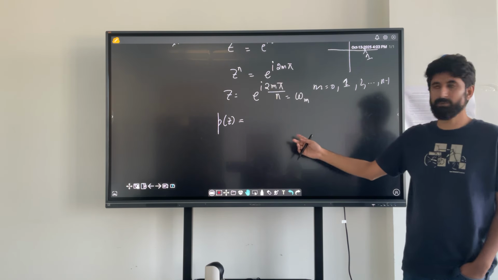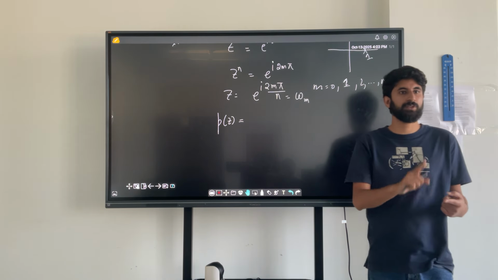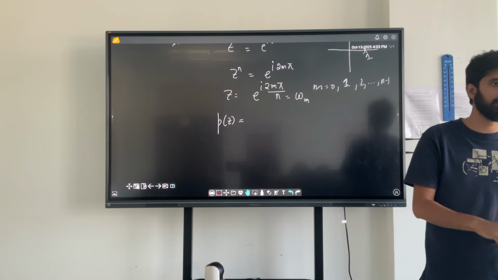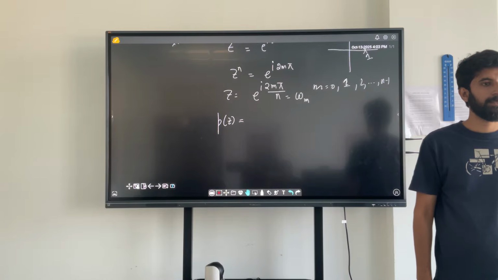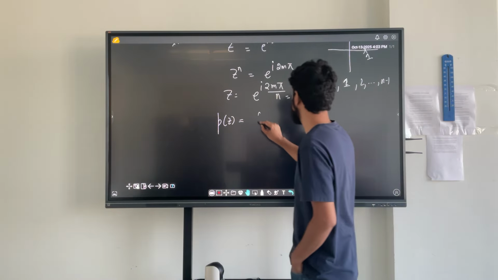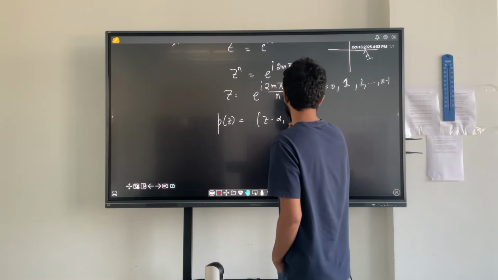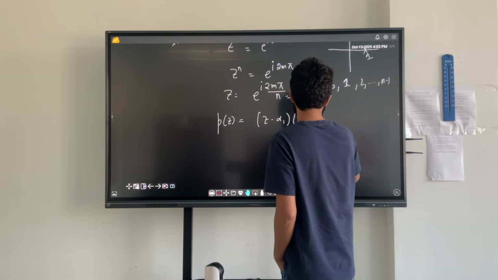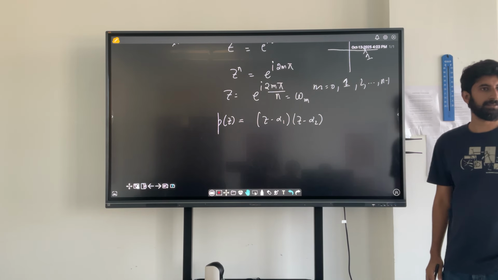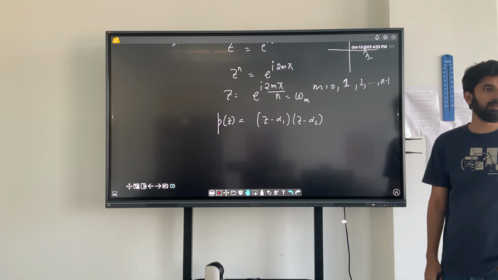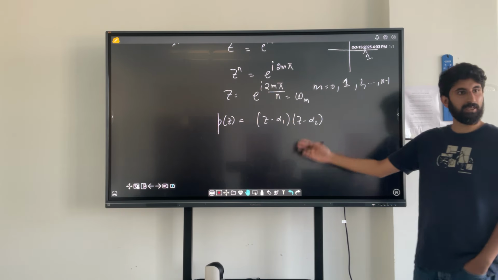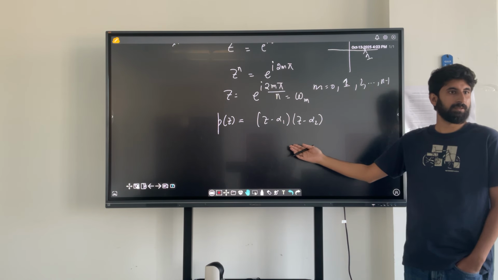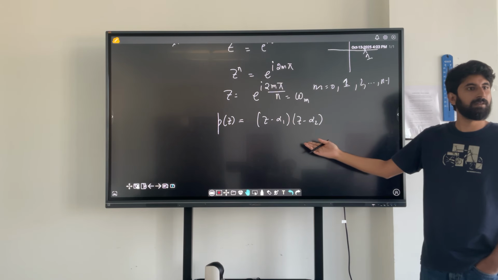Can you write a polynomial which becomes 0 when you put alpha 1 and becomes 0 when you put alpha 2? Well, how about this? Put alpha 1, you get 0.